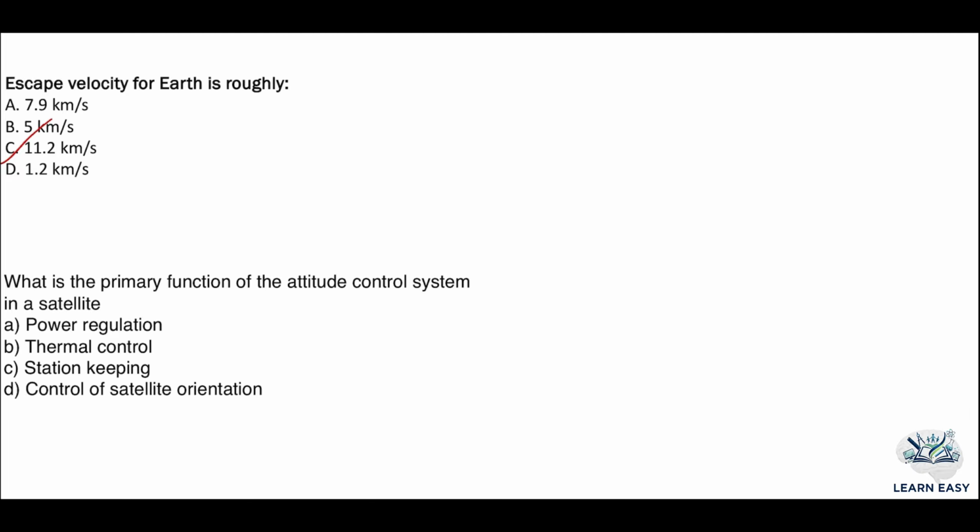Next question. What is the primary function of attitude control system in a satellite? Option A, power regulation. Option B, thermal control. Option C, station keeping. Option D, control of satellite orientation. We know that the attitude control system, that is ACS, is responsible for maintaining and adjusting the orientation of a satellite in space.